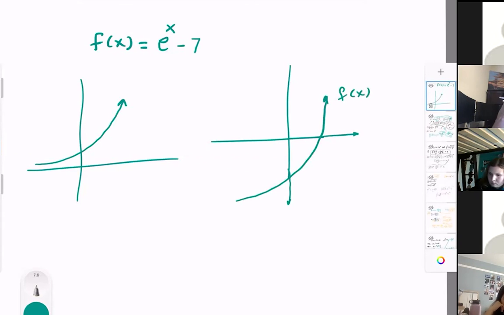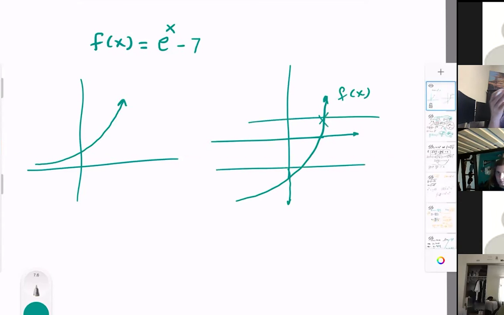Is this 1-to-1? Yes. Yeah, a horizontal line crosses only at one point. So this is 1-to-1. That means we can find the inverse for this function.